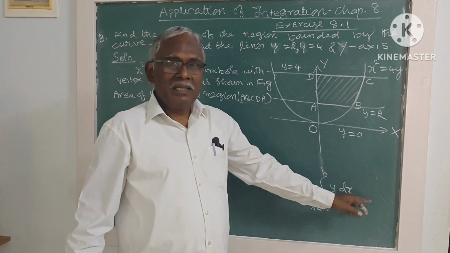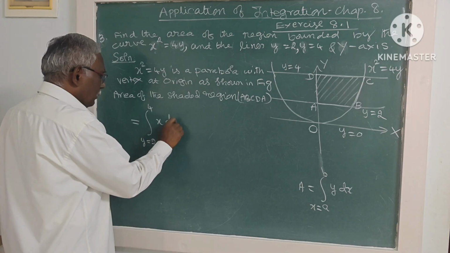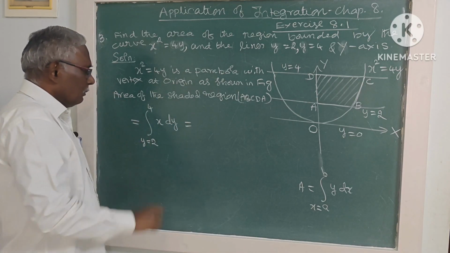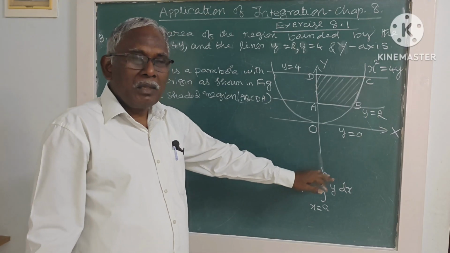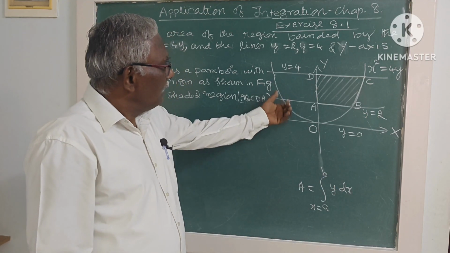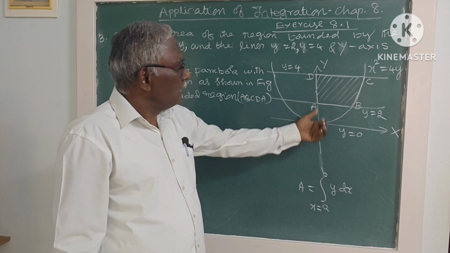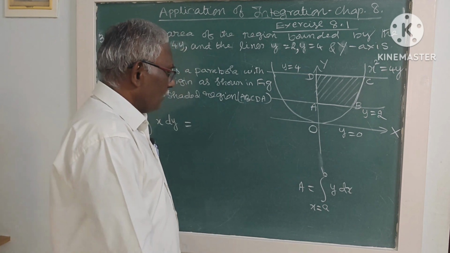Here y dx, here x dy. Previously, the axis of the parabola is along the positive direction of x-axis. Here, the axis of the parabola is along the positive direction of the y-axis.